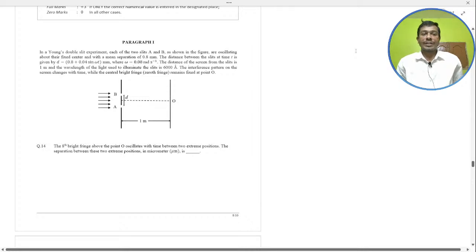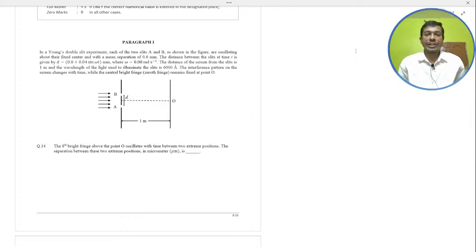In a Young's double slit experiment, each of the two slits A and B, as shown in the figure, is oscillating about its fixed center with a mean separation of 0.8 millimeter. The distance between the slits at time t is given by d equal to 0.8 plus 0.04 sin omega t millimeter, where omega is 0.08 rad per second. The distance of the screen from the slits is 1 meter, and the wavelength of the light used to illuminate the slits is 6000 Angstrom.